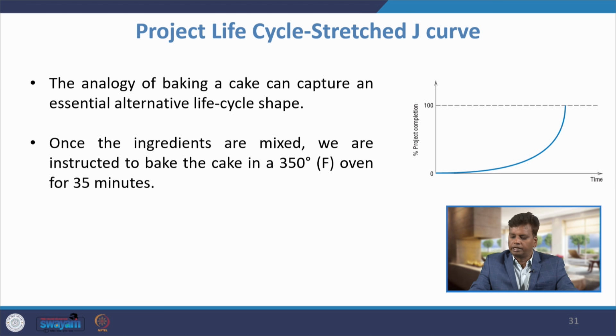Now, we will see the third type of project life cycle, that is stretched J curve. Look at the picture on the right hand side, it is a time, in y axis the percentage of project completion. The analogy of baking a cake can capture an essential alternative life cycle, that is stretched J curve. Once the ingredients are mixed, we are instructed to bake the cake in a 360° Fahrenheit oven for 35 minutes.